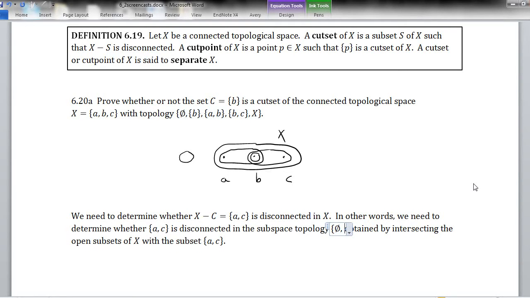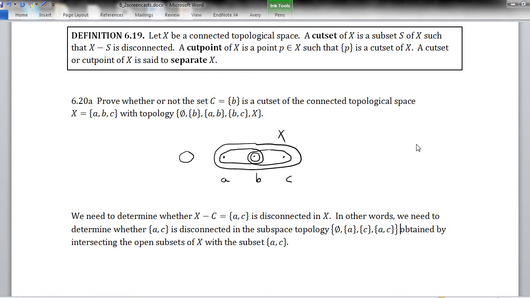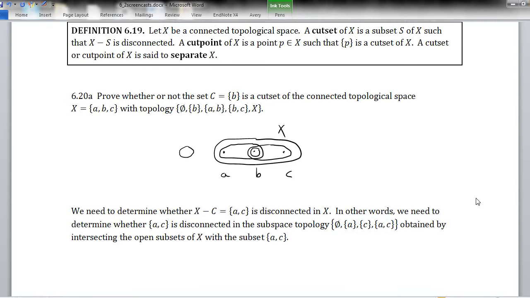And if you intersect B with AC, you get the empty set again. If you intersect AB with AC, you get just A. And if you intersect BC with AC, you get C. And if you intersect the entire set X with AC, you get all of AC. Okay, so there's our subspace topology.